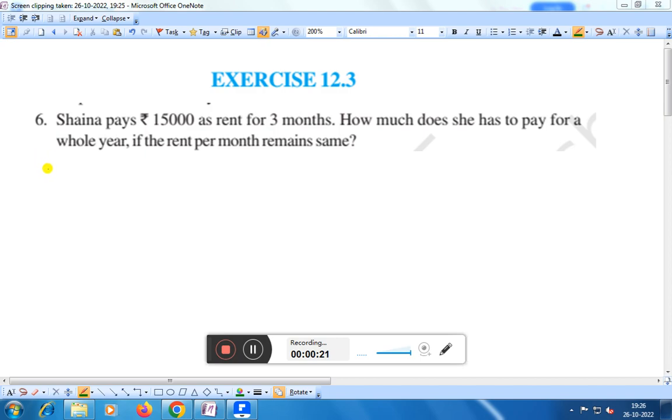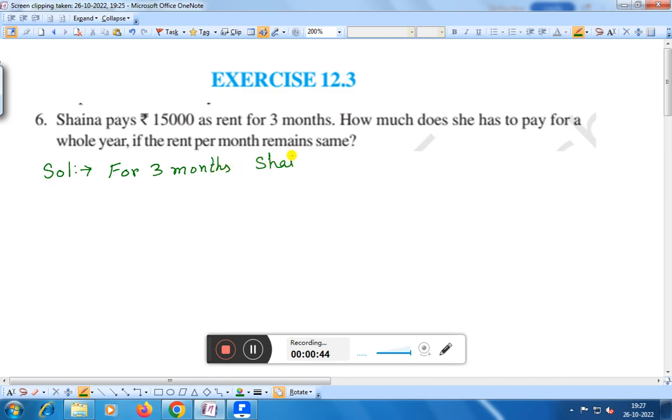Here you see that for 3 months, Saina pays rupees 15,000 as rent, right?